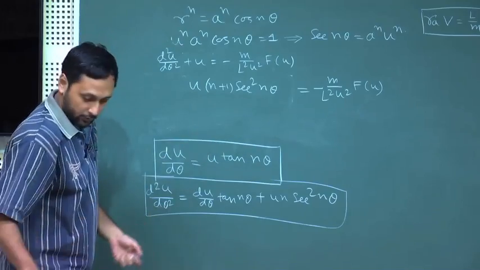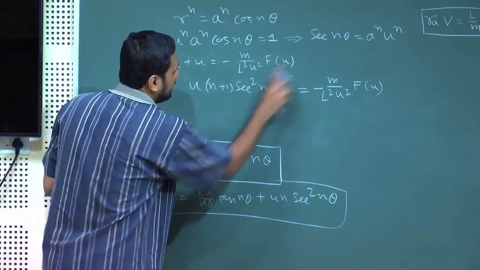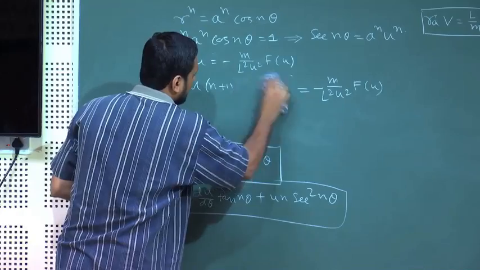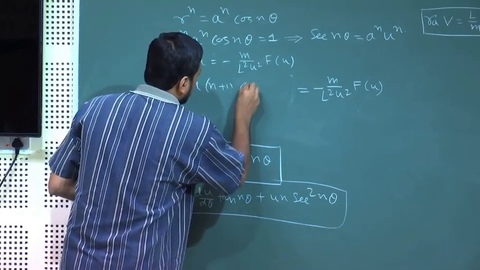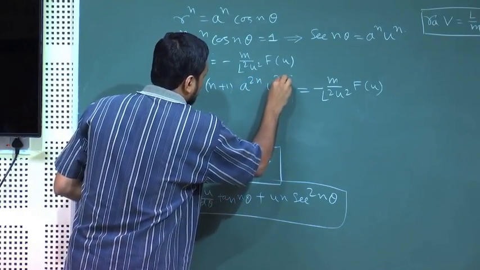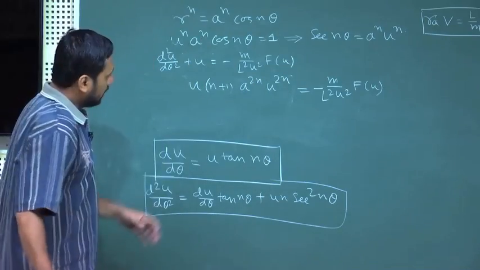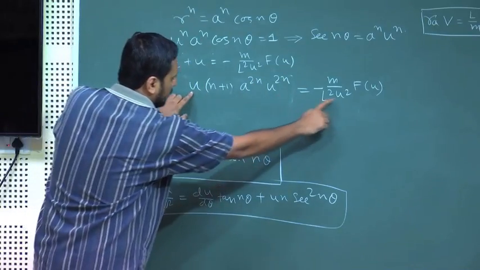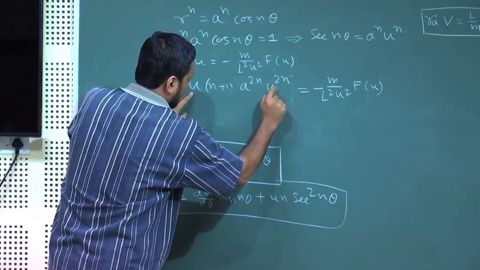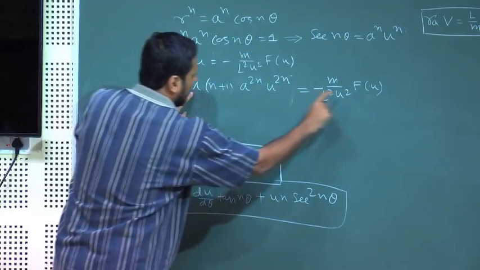So, sec square n theta is a to the power 2n u to the power 2n. So we have u to the power 2n and u square.